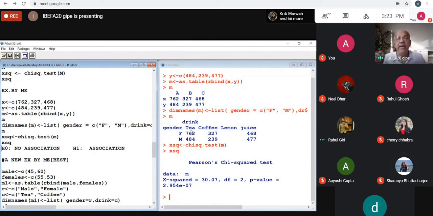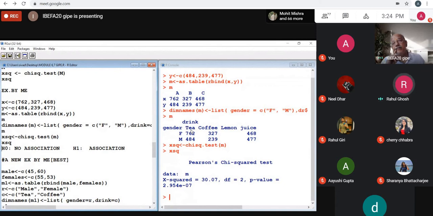Can anybody tell me what is the meaning of association looking at the data? Sir, there is 30% association between gender and their preferences towards drinks. Why? Sir, this x squared value we are seeing. No, that is not percentage. That's a chi-square value. Look at the data and let me know what is the meaning of association. Which probability is high?